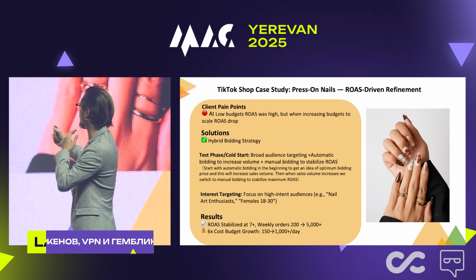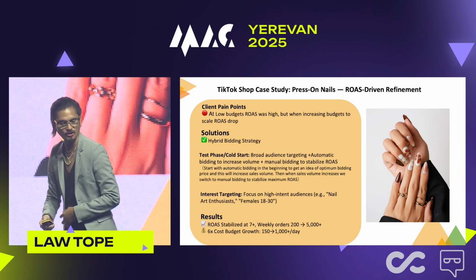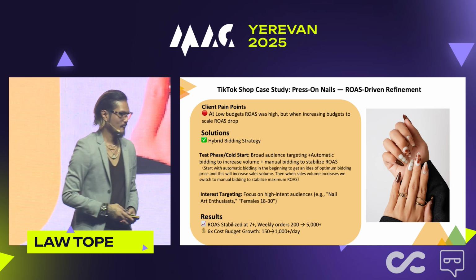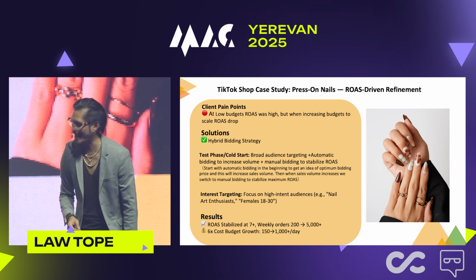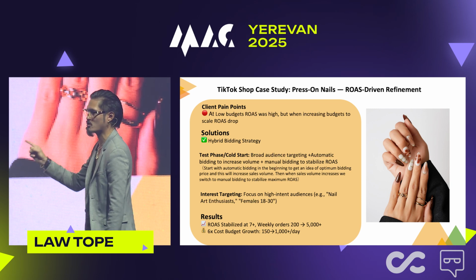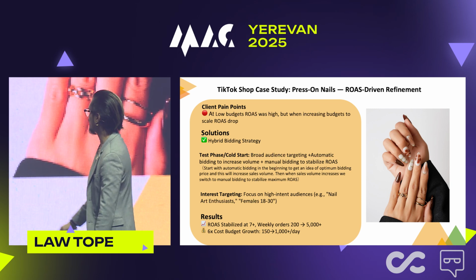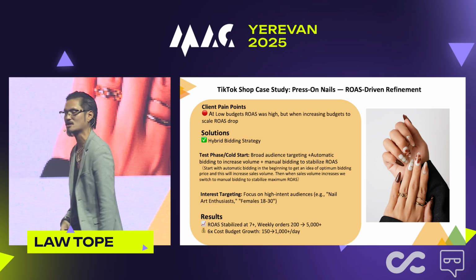And the interest target group is nail enthusiasts, females 18 to 30. And the result is this: the return on ad spend stabilized at 7x, with weekly orders growing from 200 to 5,000 orders. And the budget grew 6 times, from $150 to $1,000 per day.